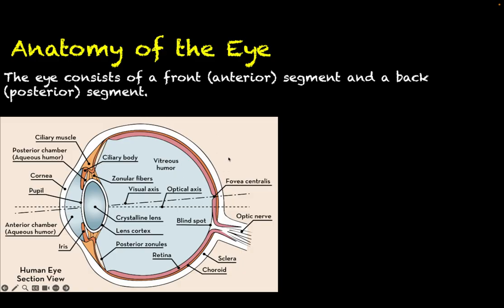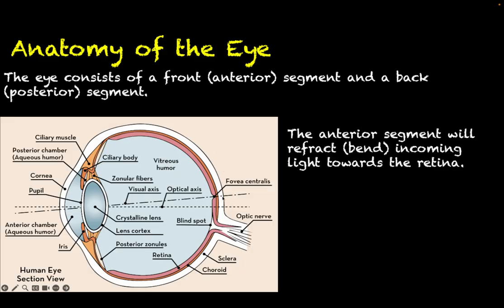That's everything over to the right over here. The anterior and posterior segments have very particular functions that we're going to try to keep track of. The anterior segment is going to focus on bending, refracting, and focusing incoming light and pointing it towards the retina back here.